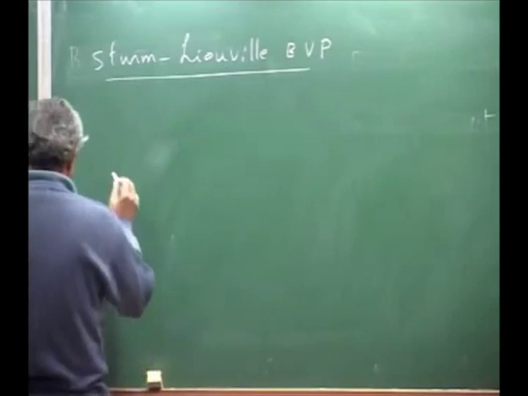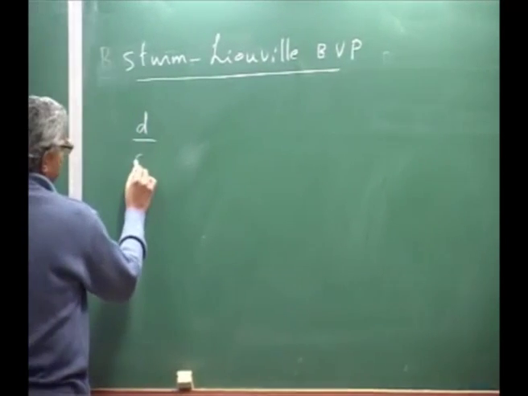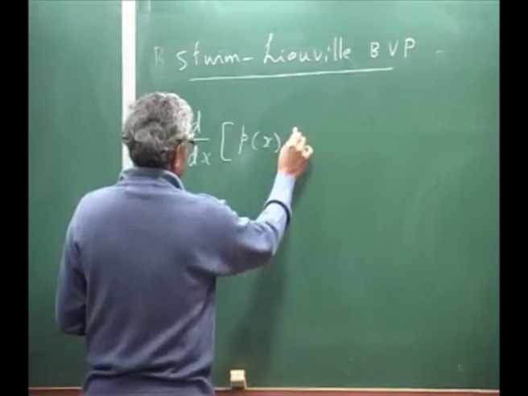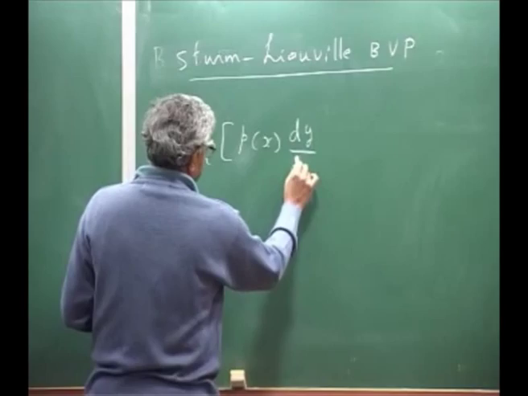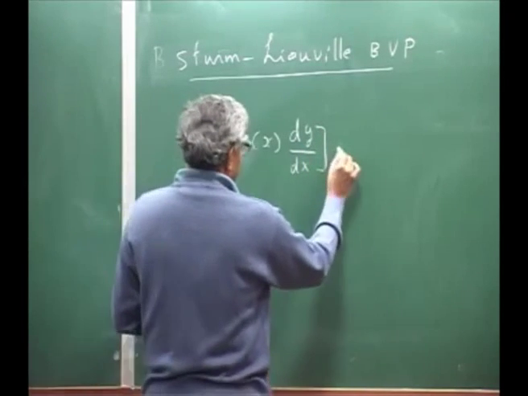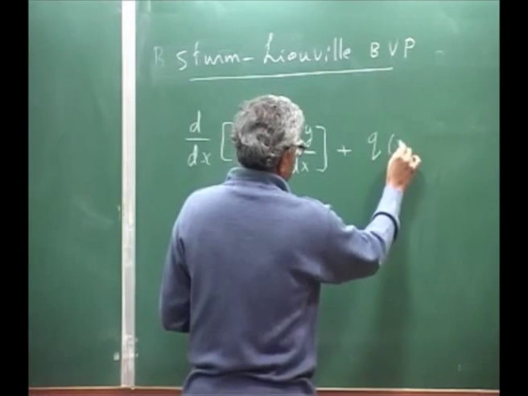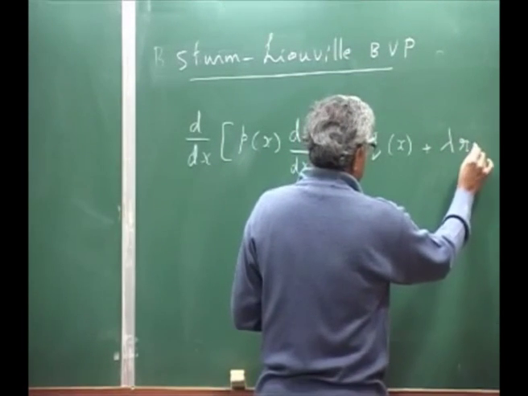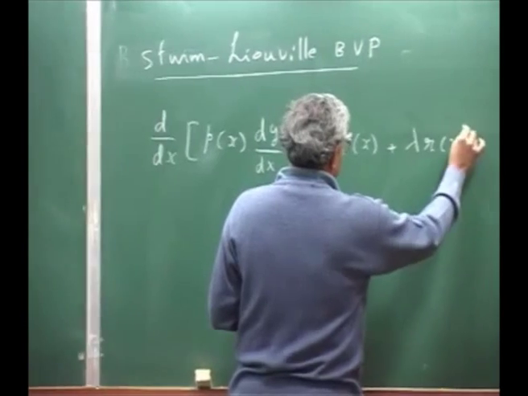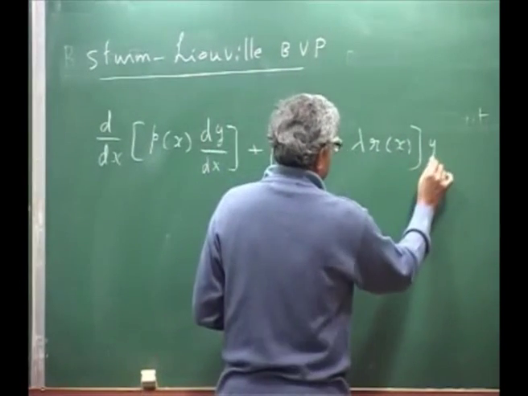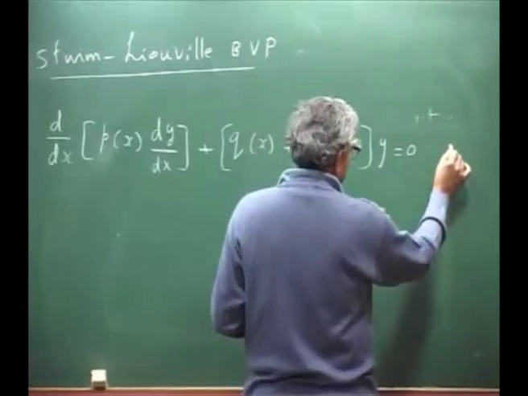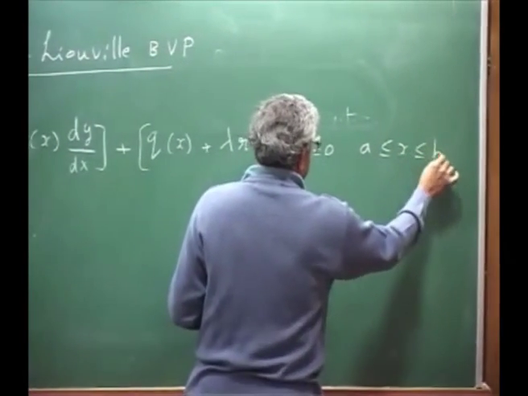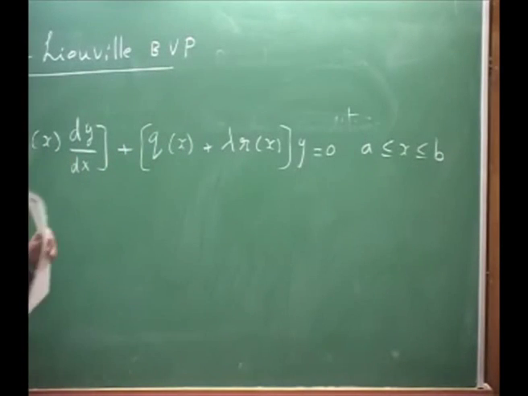The differential equation is given like this: d over dx of p of x dy over dx plus q of x plus lambda r of x times y equals 0 in the domain.